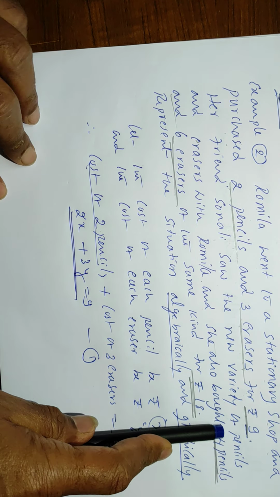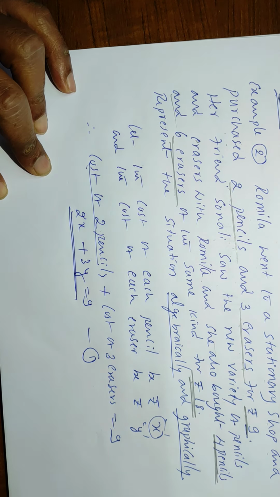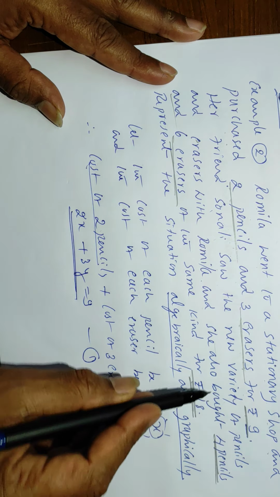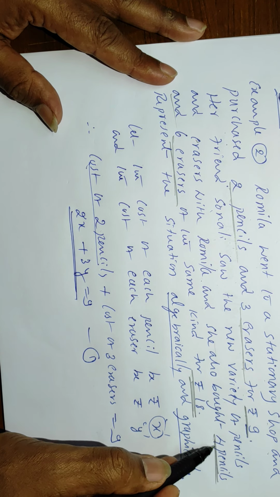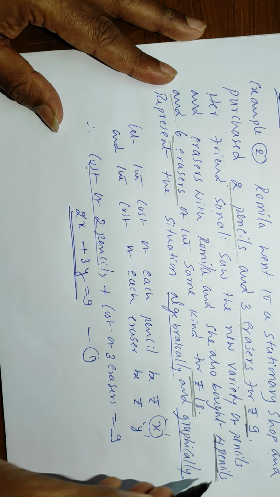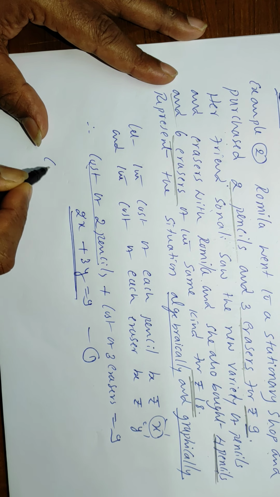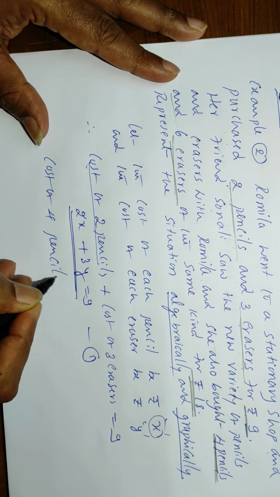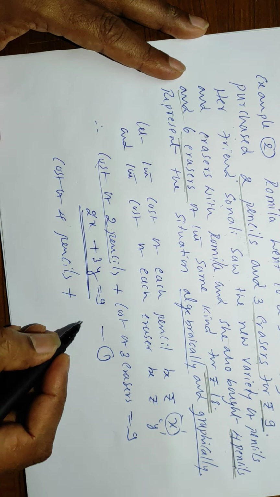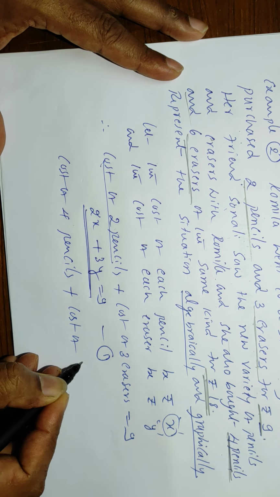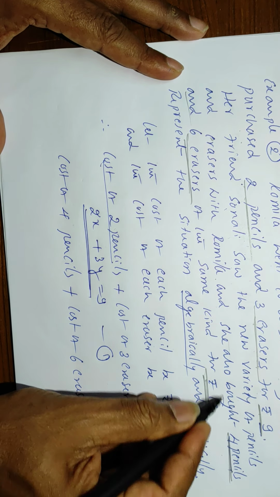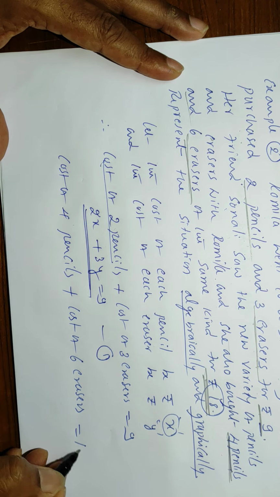Another equation we can find out in a similar way. Sonali has purchased 4 pencils. Now we have to write the cost of 4 pencils plus the cost of 6 erasers is equal to how much she has given? 18 rupees.